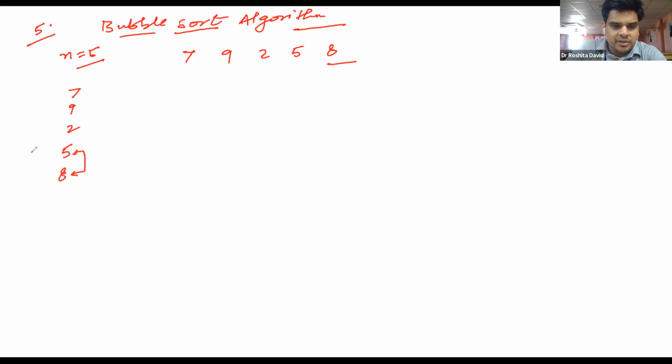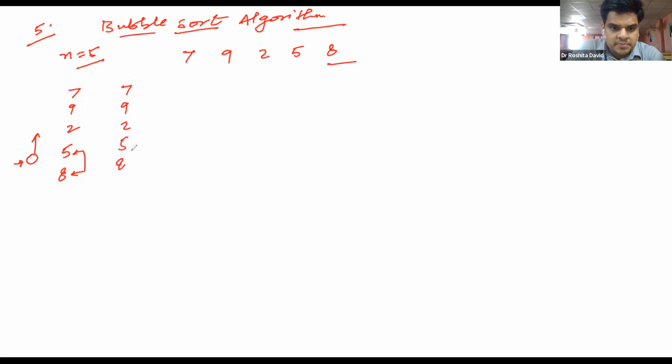You will move every greatest number down, or every smallest number up. The bubble will always try to go up, I say bubble because a bubble is light in weight. So the smallest number is the lightest, and this bubble is likely to go up. So we compare the last two. Here 5 is less than 8, so I will not swap.